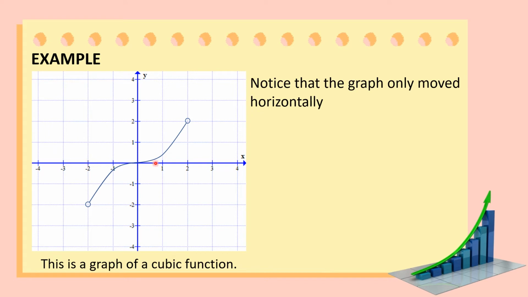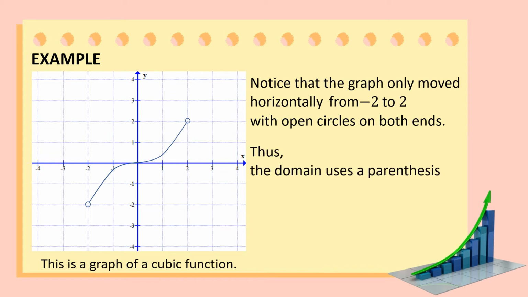Notice that the graph only moves horizontally from negative 2 to positive 2 with open circles on both ends. Thus, the domain uses parentheses, and it is from negative 2 to positive 2.